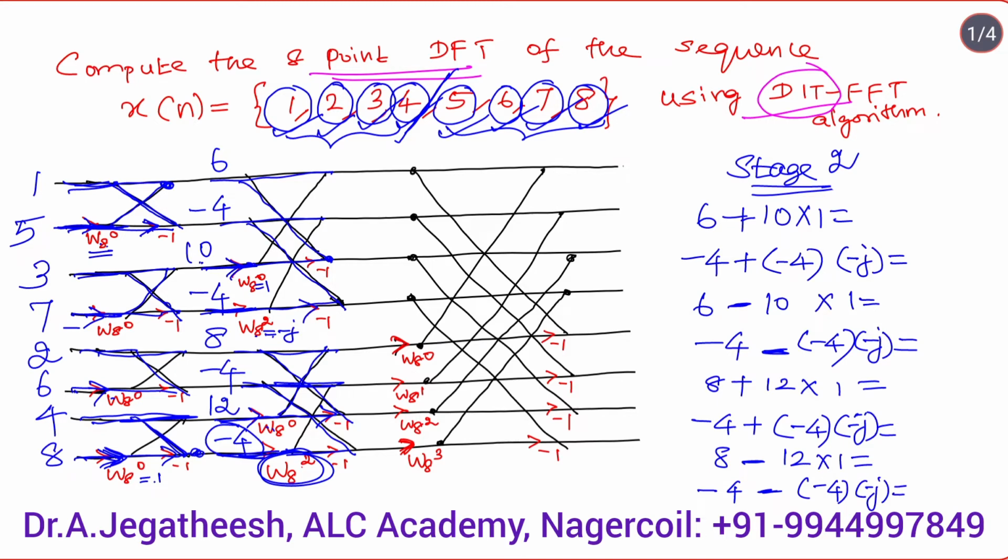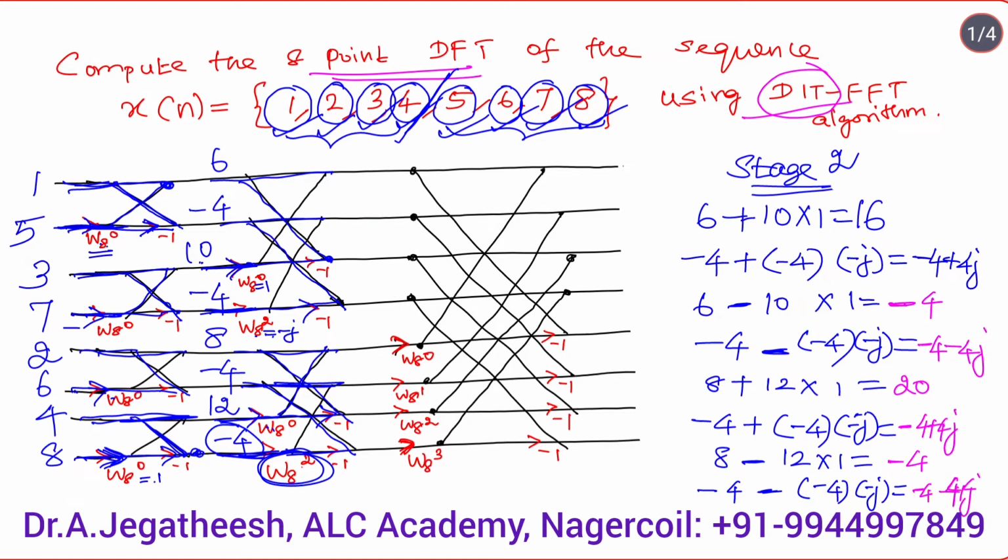Now the calculation: 16, minus 4 plus 4j. This is minus 4. This is minus 4 minus 4j. This is 20. This is minus 4 plus 4j, minus 4, minus 4 minus 4j.